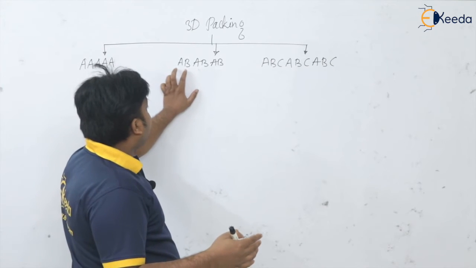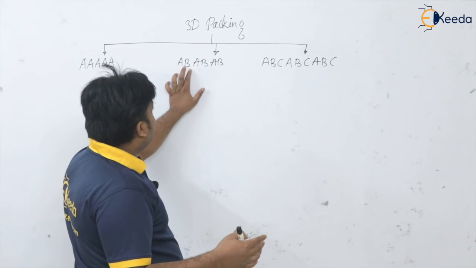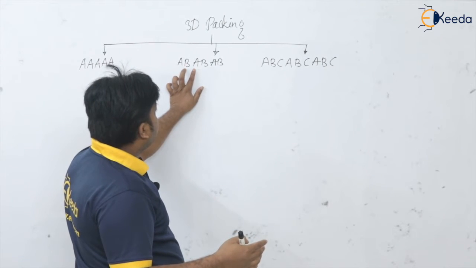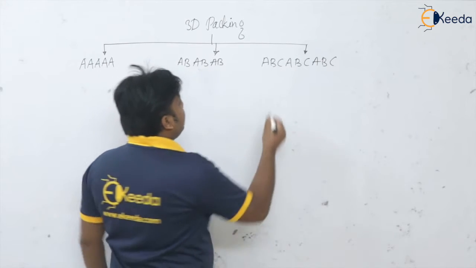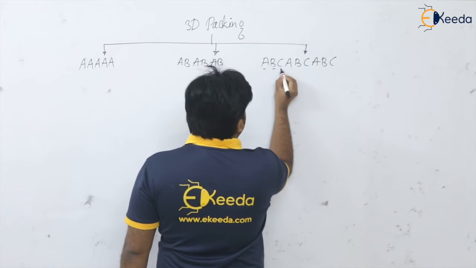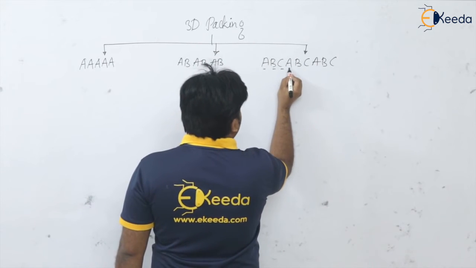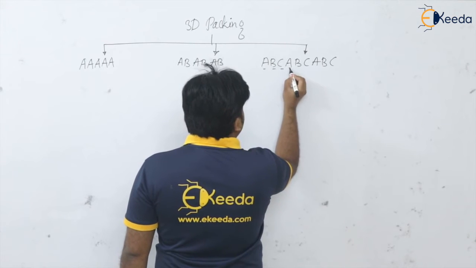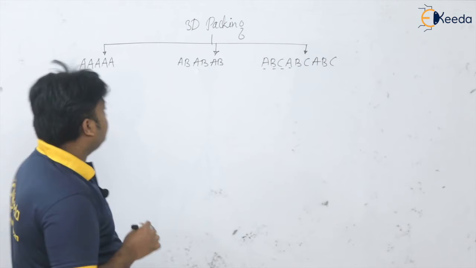Okay, so after every 2 layers the first layer is repeating. And here we have 3 layers A, B, C. After these 3, again the first layer is repeating. Like that you have this stacking sequence.